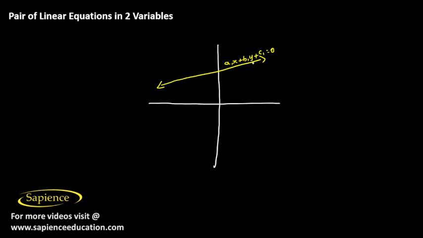The second equation, if it is like this, not parallel to the first equation, then they will have a unique solution. So this is our a2x plus b2y plus c2 equals 0, and this point where they meet is the solution, and the value of x will be this and the value of y will be this.